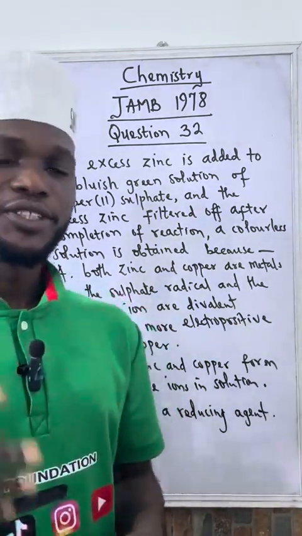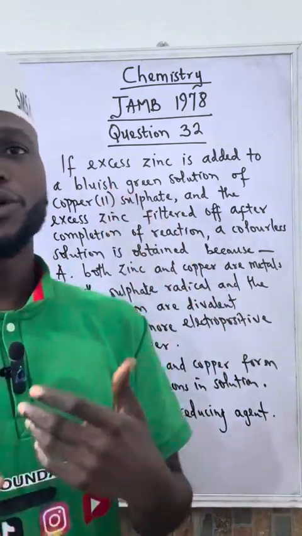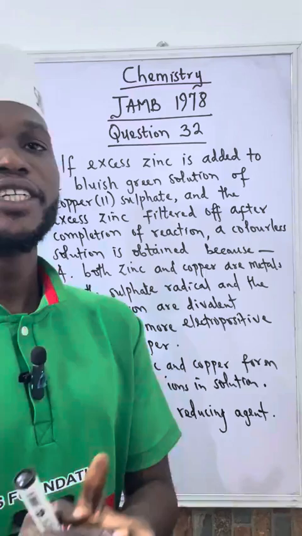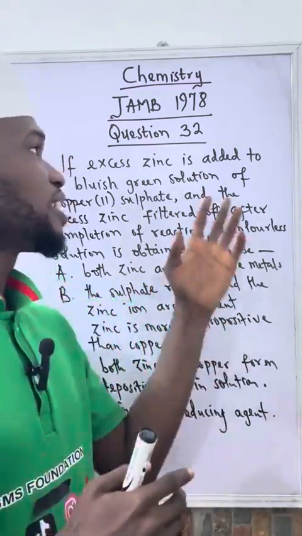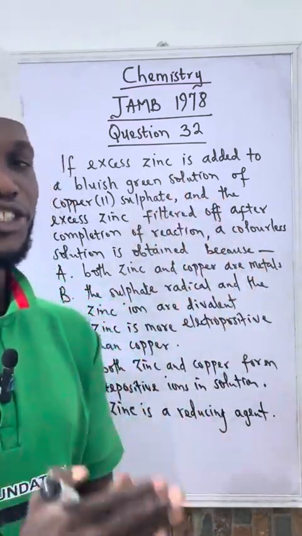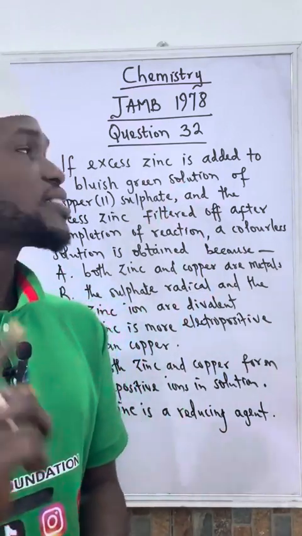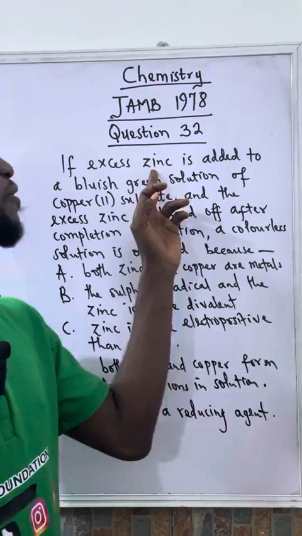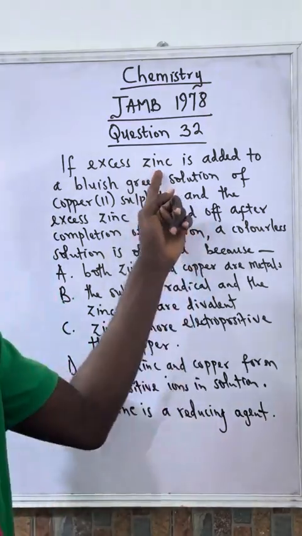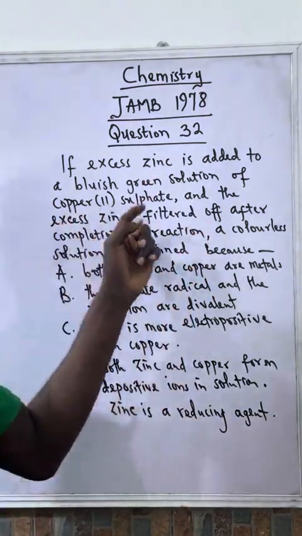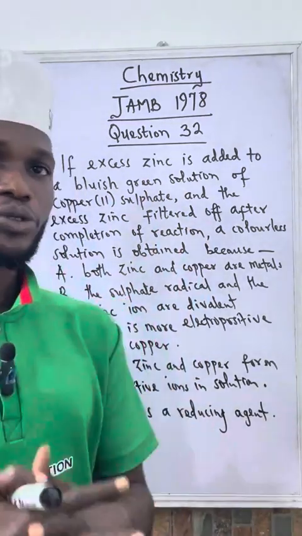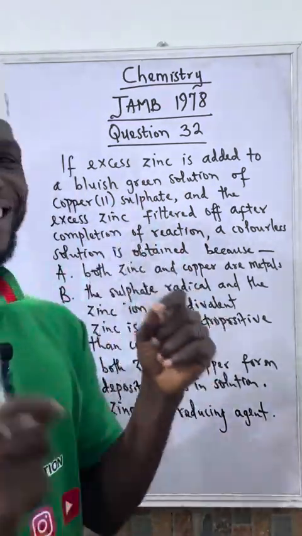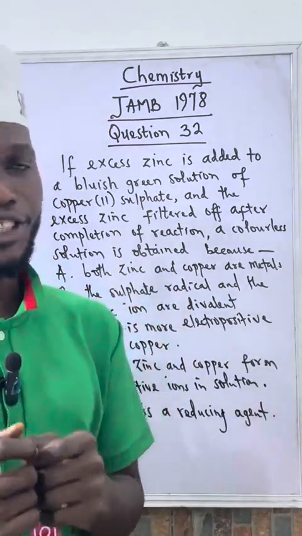Very good. So this is a question that wants to test your ability on reactions, especially displacement reaction. The reaction that takes place here between the zinc metal and the copper sulfate solution is a displacement reaction.